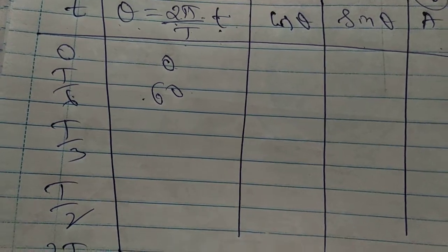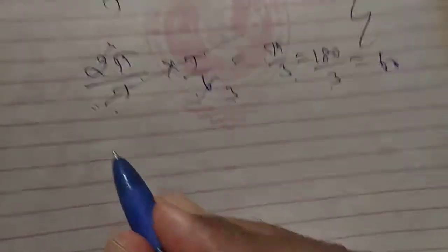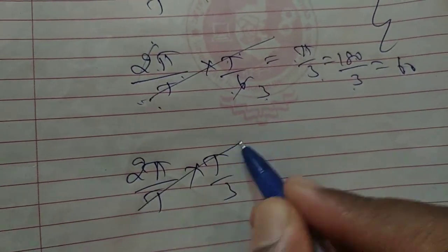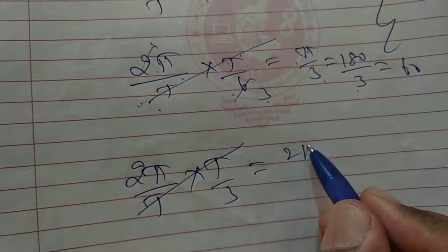Similarly, t equal to T by 3. How to simplify? 2 pi by T into T by 3, so T cancels, and we get 2 pi by 3.